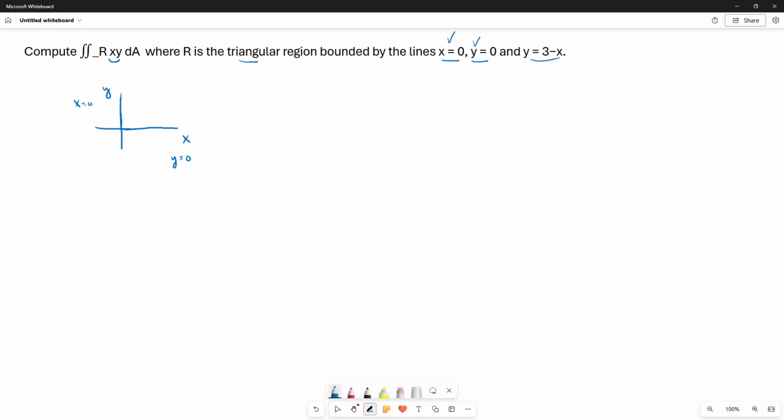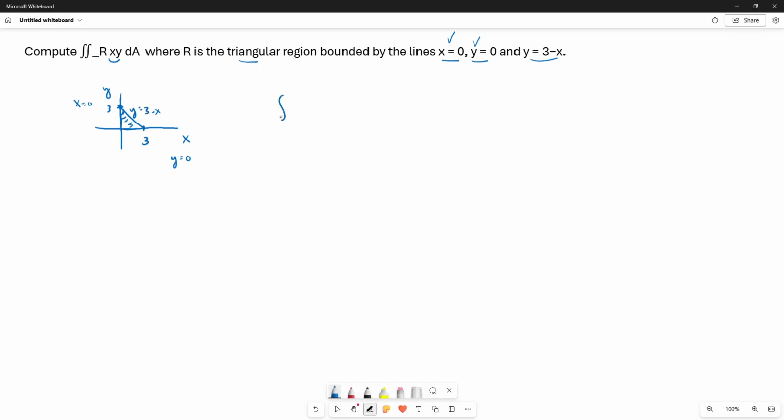So if x is 0, y is 3. And if y is 0, then x is 3. So these are 2 points on the line y equals 3 minus x. So there's our triangular region. This is the line y equals 3 minus x.